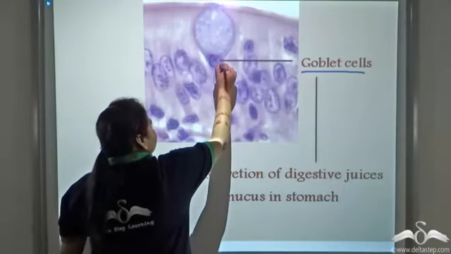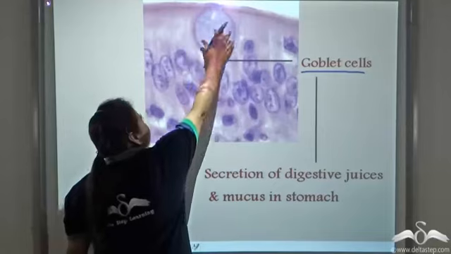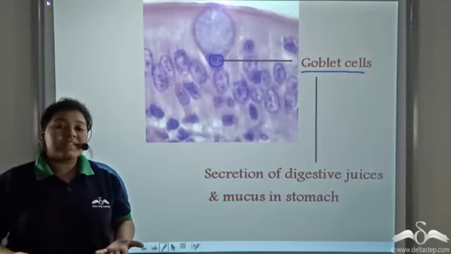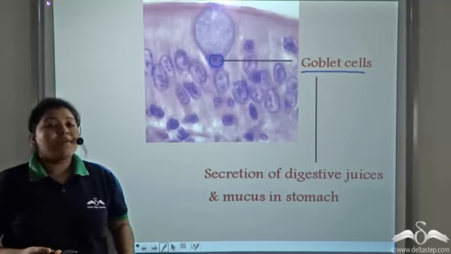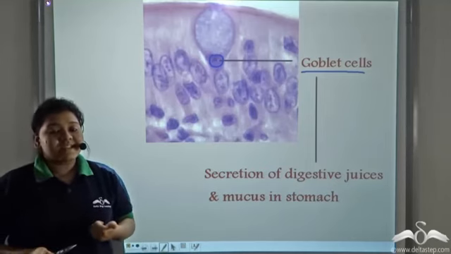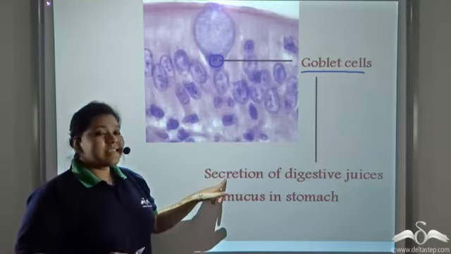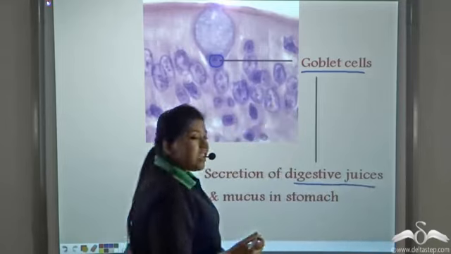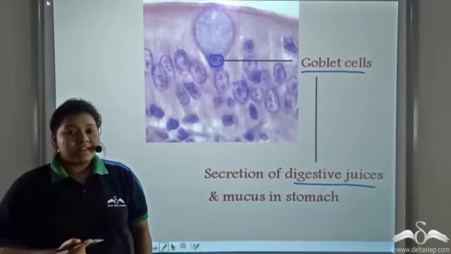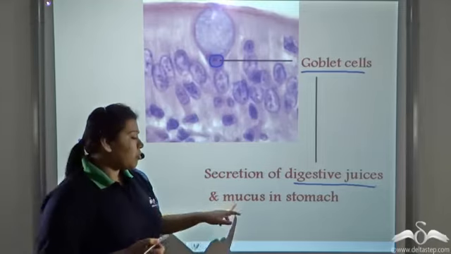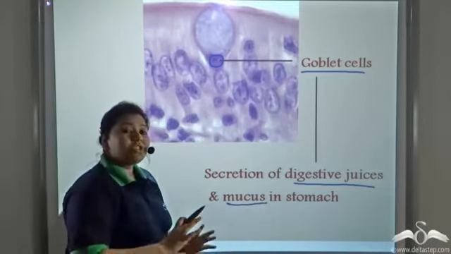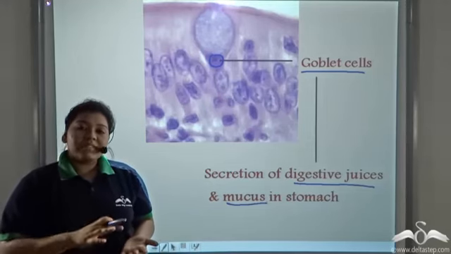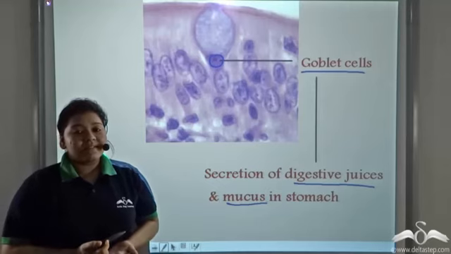See, this is the cell, and they take a goblet shape through which substances are secreted out. So what do these goblet cells secrete in the stomach? Well, goblet cells secrete digestive juices, which help in breaking down the food, and they also secrete mucus, which lubricates the food, facilitating the easy passage of food from the stomach to the other organs.